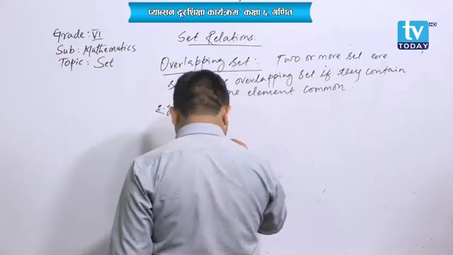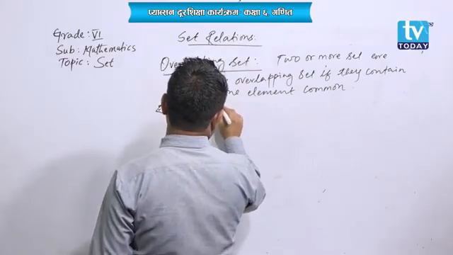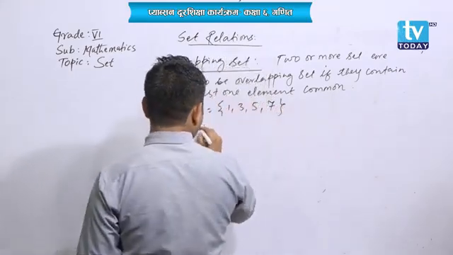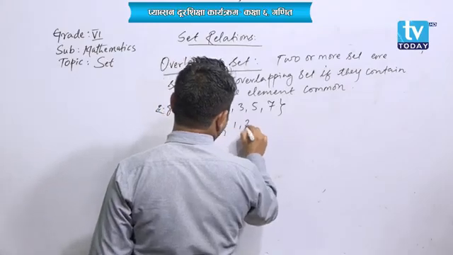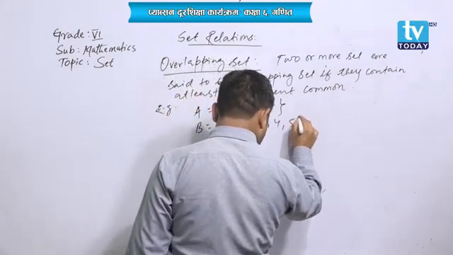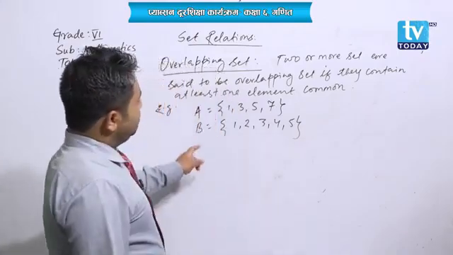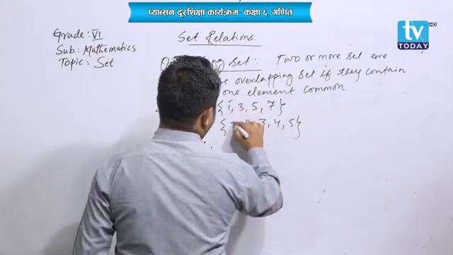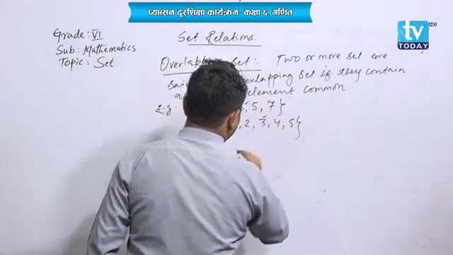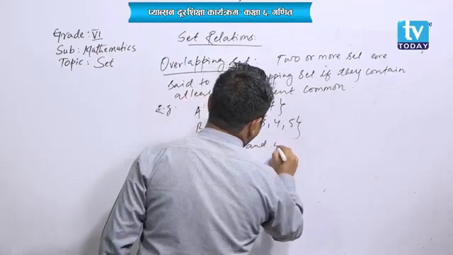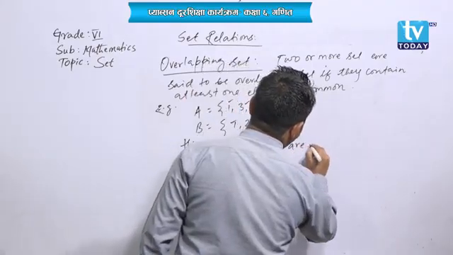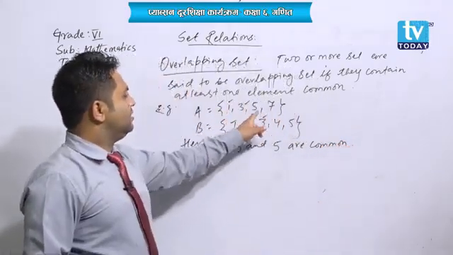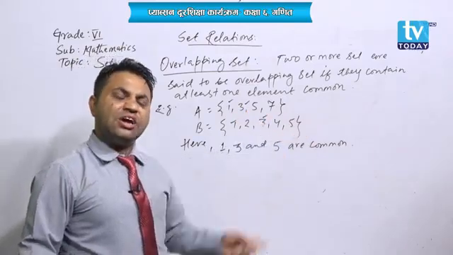Example, suppose A is 1 3 5 7 and B is 1 2 3 4 5. You can check here the elements 1, 3 and 5 are common in both sets.